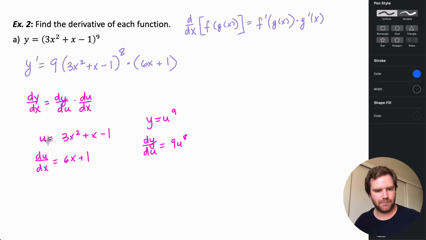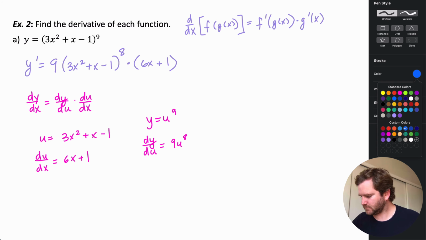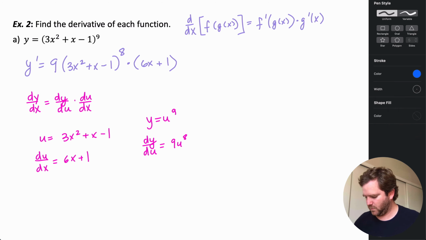So let's go ahead and put all the pieces together. So if we go through this process, we're going to get that dy dx, so the derivative of y with respect to x, is equal to the derivative of y with respect to u, so that's 9u to the eighth, times the derivative of u with respect to x, which is 6x plus 1.